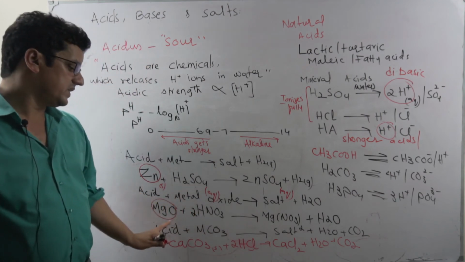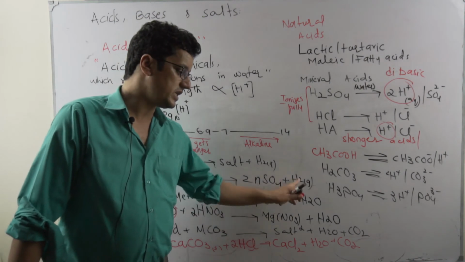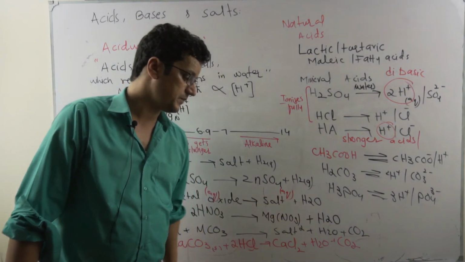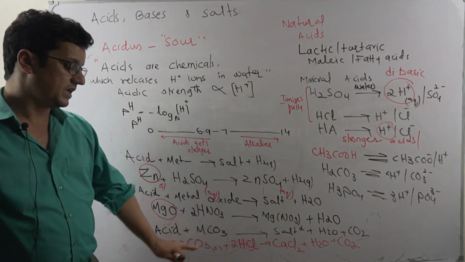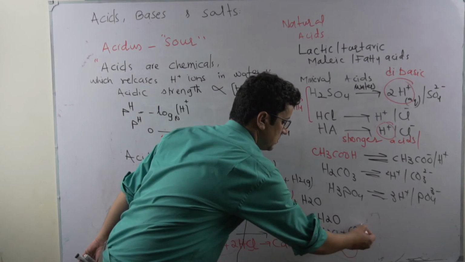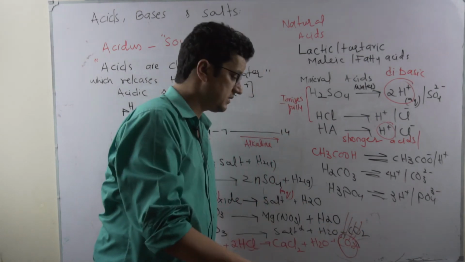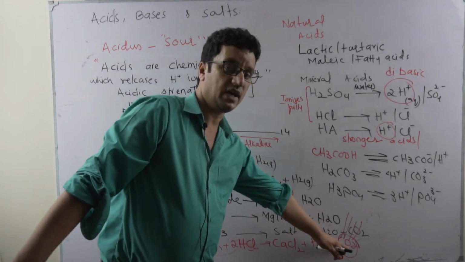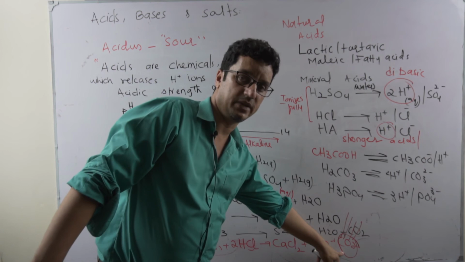When it is metal oxide and acid, it produces salt and only water, not hydrogen. And if it is metal carbonate, again the observation is very clear, because it produces salt, water and a gas, but this time the gas oozes out with quite a pomp and show, and we call that effervescence. Carbon dioxide, just like in fizzy drinks, fizzes out because of the effervescence of carbon dioxide.